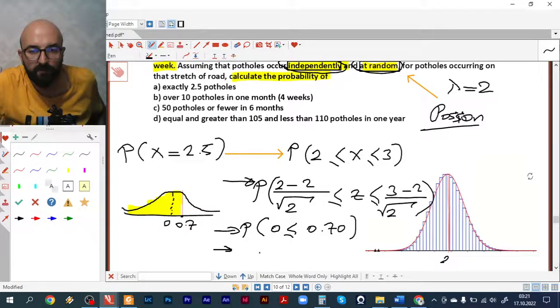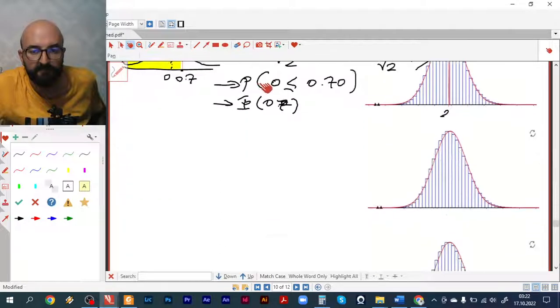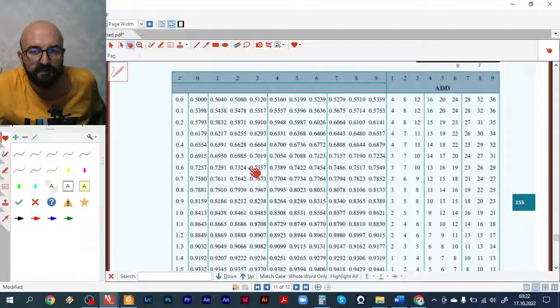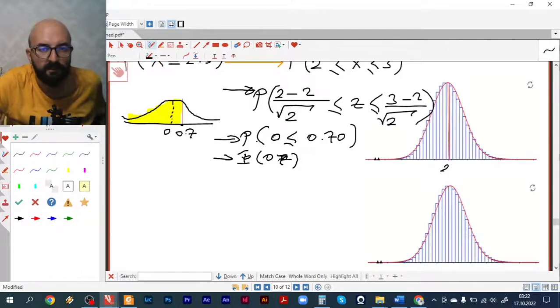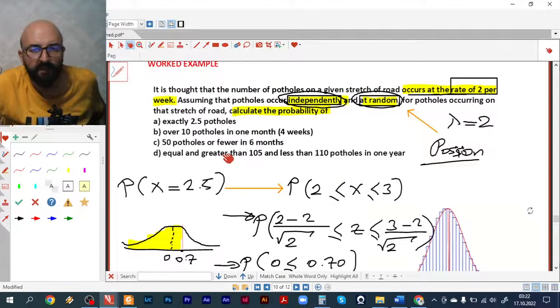If you find 0.7 in the z table, you will already find the big area, 0.758.